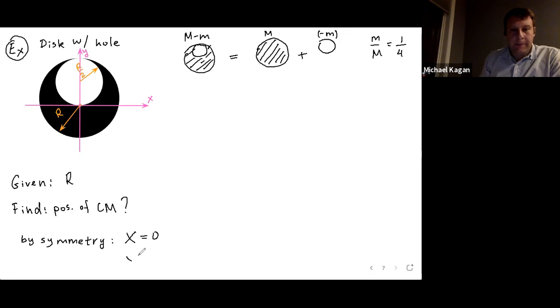Oh, and by the way, what do you expect of the y? Where is it roughly? Folks, where on the y-axis do you expect the center of mass to be?